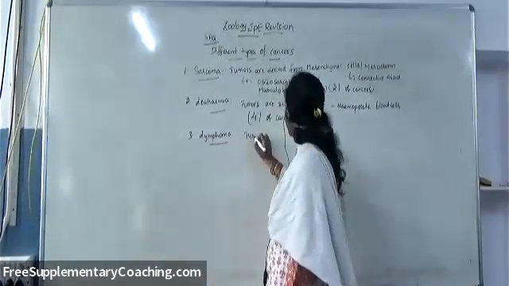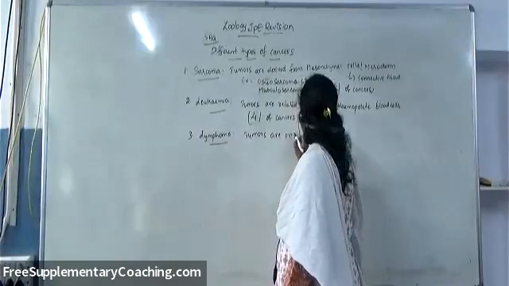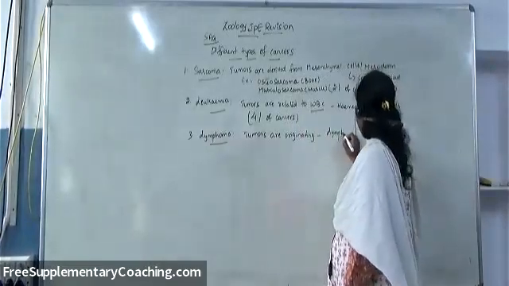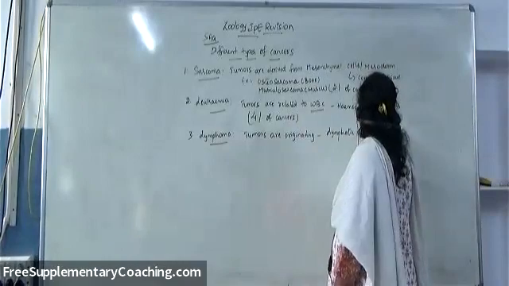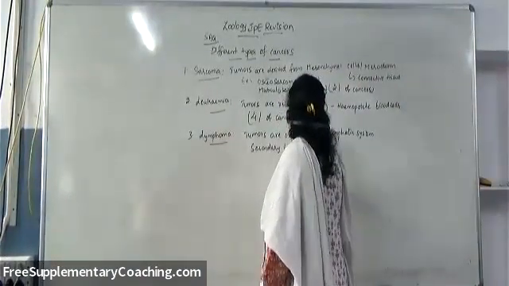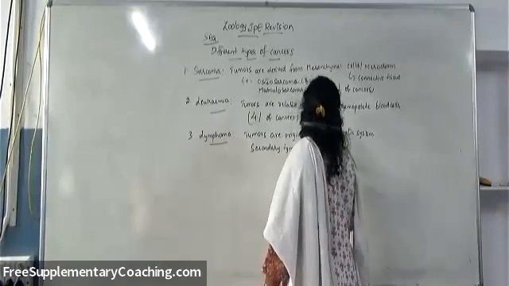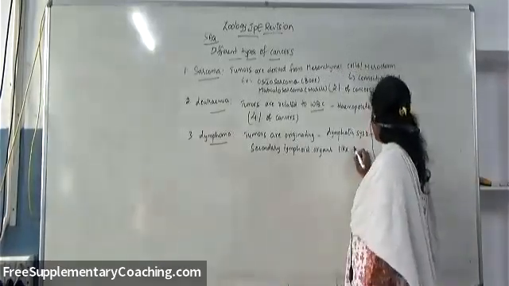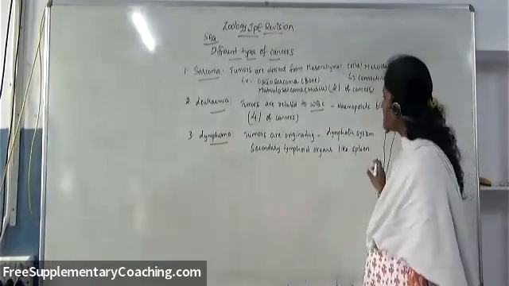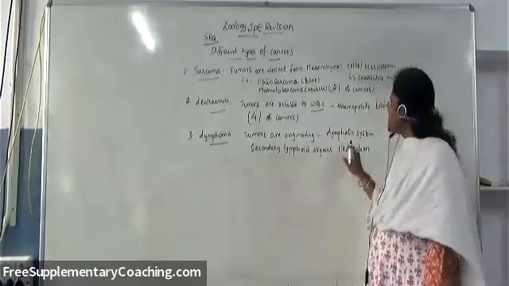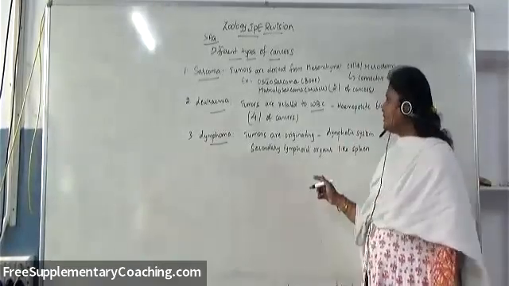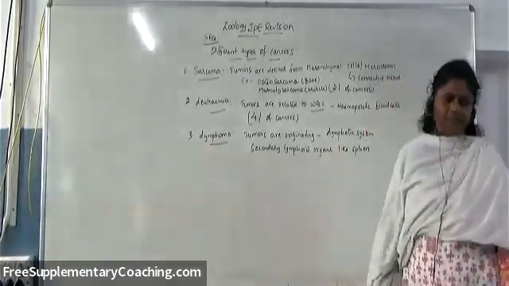Lymphoma. So if the tumors are originating related to the lymphatic system, particularly secondary lymphoid organs like spleen, then such kind of tumors are called lymphoma.